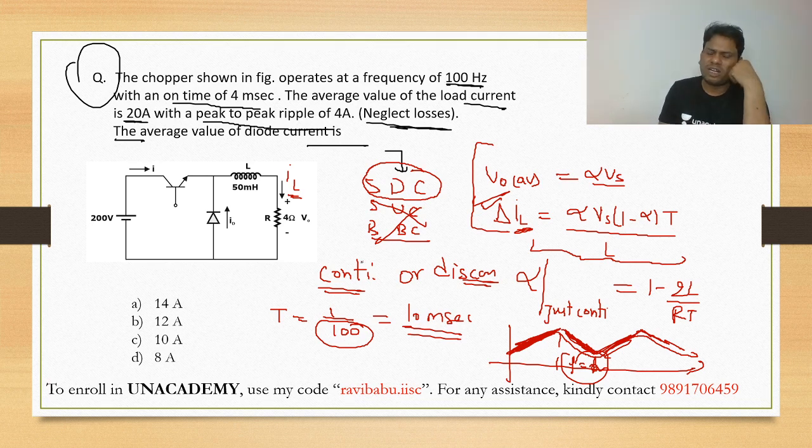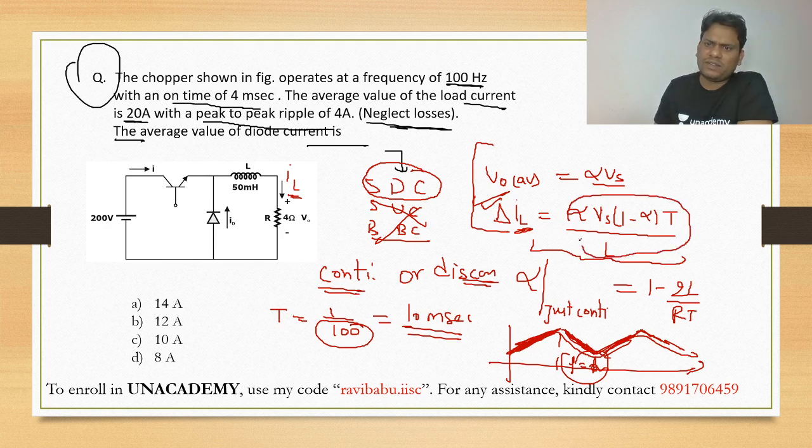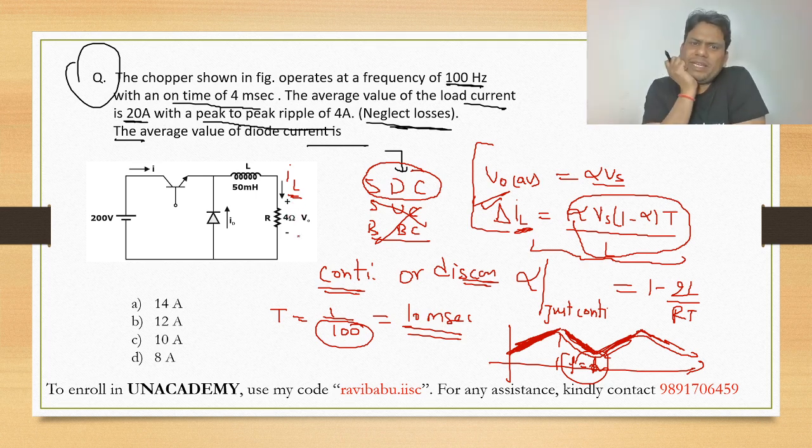If frequency is very low, always apply the conventional approach to handle that type of question. But here it is an objective question, so I am going to handle this one after finalizing whether this current IL is continuous or discontinuous.